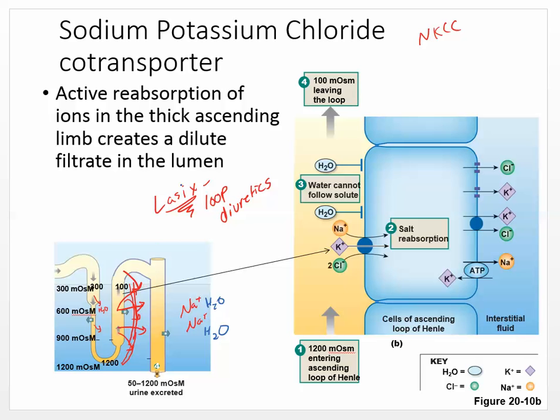Okay, so what these drugs do, like Lasix, is they block this sodium potassium chloride cotransporter. By blocking that, they end up actually keeping the salts in the urine, which means that the water is less likely to leave. So the water stays in, and you have more urine production, which means you have more fluid in the body. Okay, so that's why we talk about this.